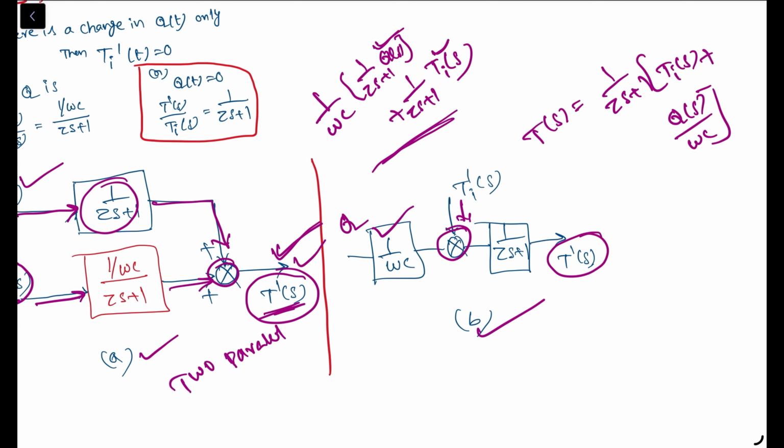That means whenever a system has multiple inputs affecting the same output, we can represent it using parallel blocks or by combining the inputs before the process block.